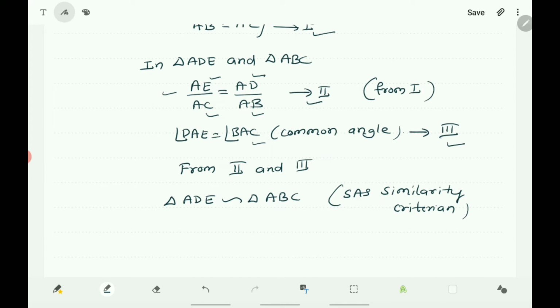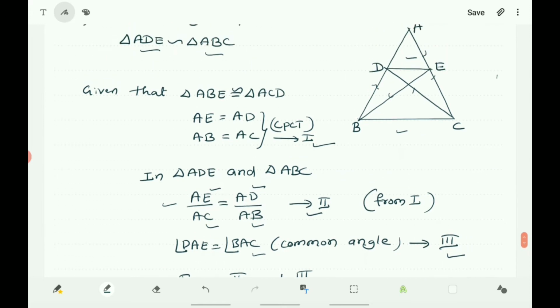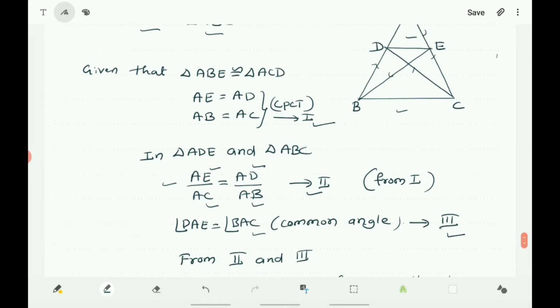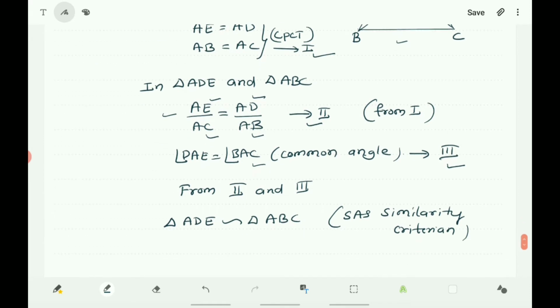You got triangle ADE is similar to triangle ABC. Here two sides of one triangle are proportional to the two sides of the other triangle, and the angles between them are equal.